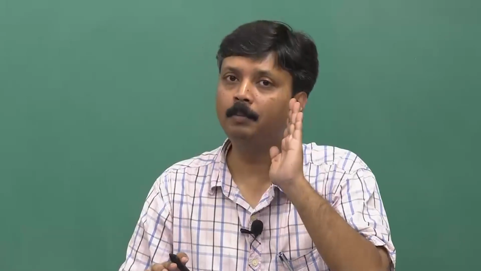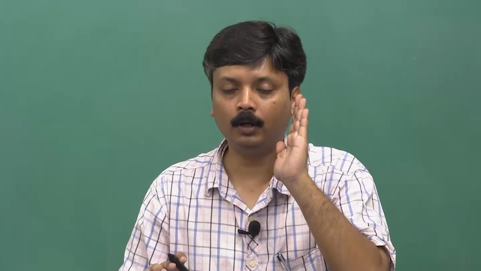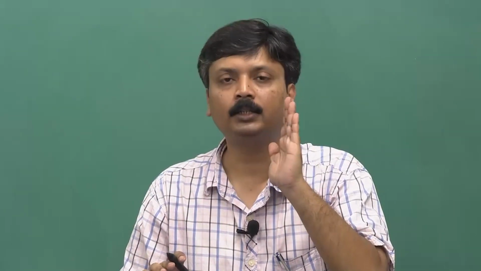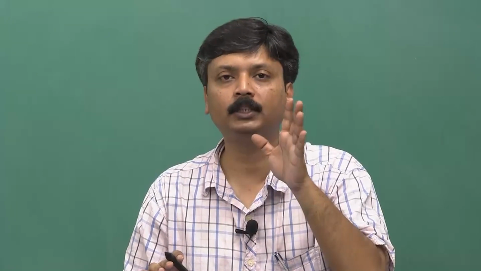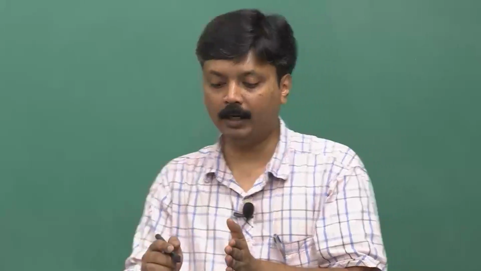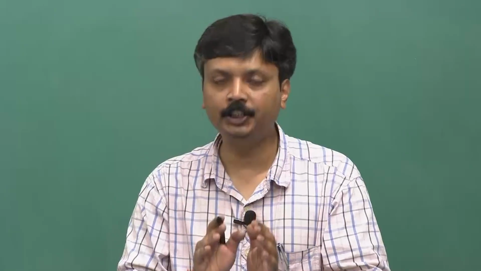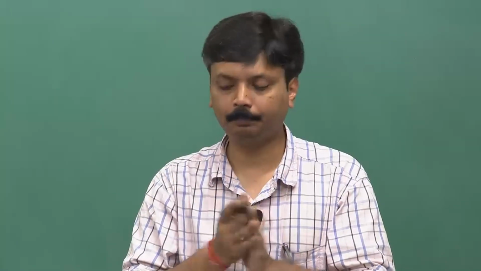So, we need to pump really hard, and if I need to pump really hard, I have to make sure that the pumping source, that is the flash lamp, doesn't lose most of its light unnecessarily, and this kind of elliptical reflector geometry ensures that we have a highly efficient reflection system.